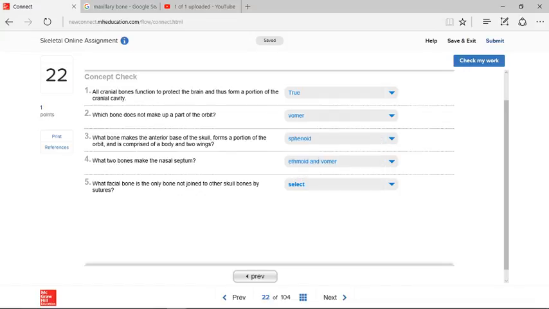Honestly, you guys are gonna have to tell me on this in the comments. Hopefully I can get it right. But right now, I'm gonna have to say mandible. Let's see. What is mandible? Let's read this.